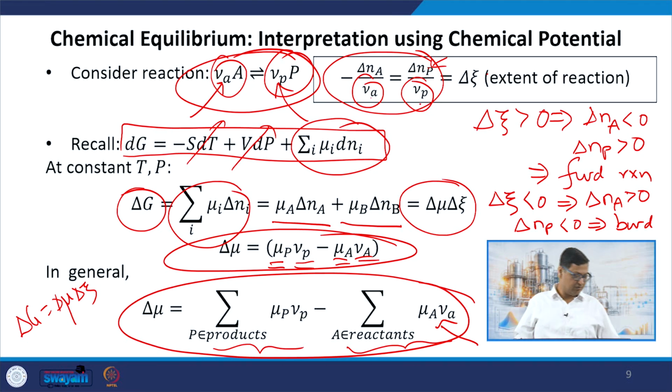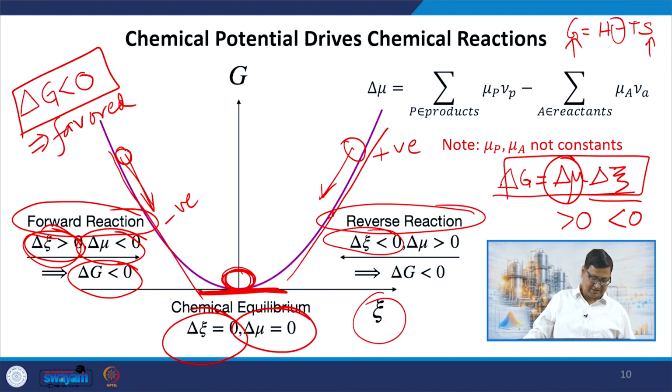The condition of chemical equilibrium is basically the condition of balance of the chemical potentials of the reactant and the product. In the condition of chemical equilibrium, there is no net change in the reaction, either in the forward direction or in the backward direction.